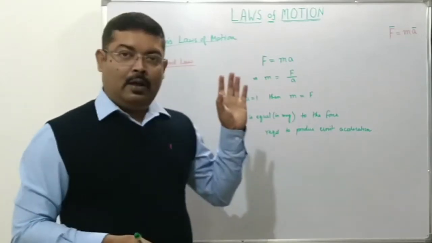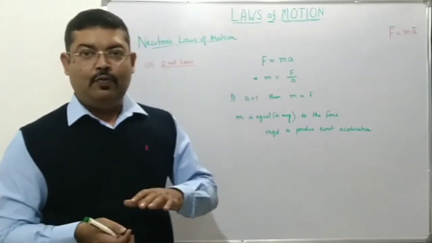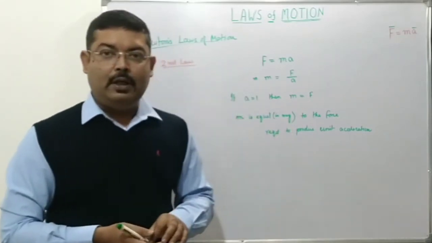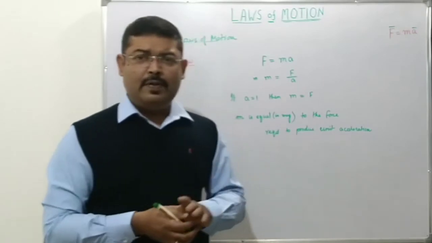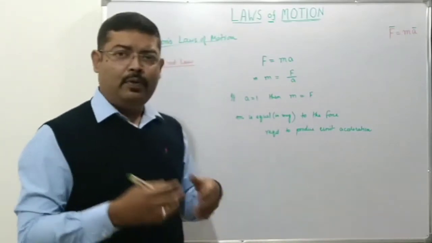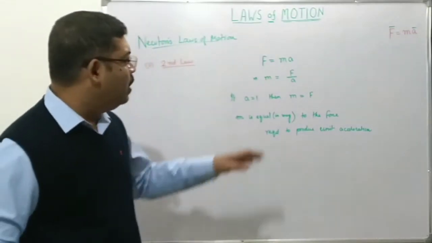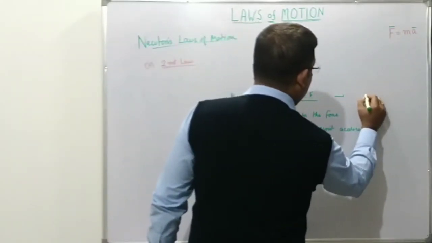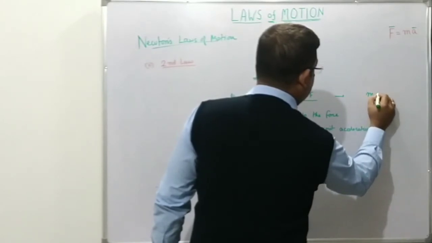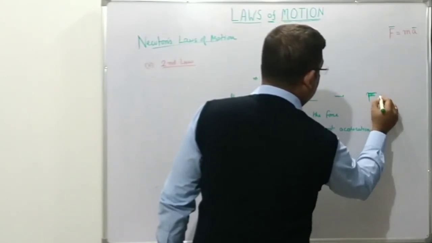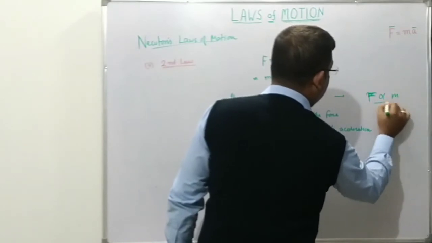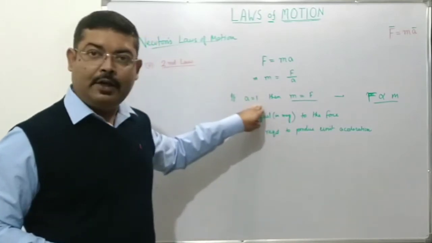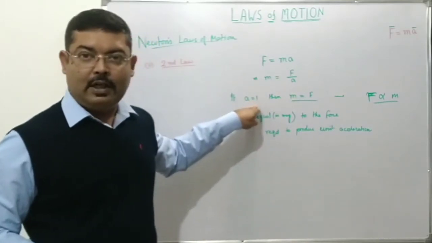Because of inertia, a body doesn't move when there is no force being applied on it, and if the inertia is higher, you need more force to produce an acceleration. So from this equation, we can also say that force is proportional to m. So the larger the mass, the more force will be required to produce the desired acceleration, in this case, unit acceleration.